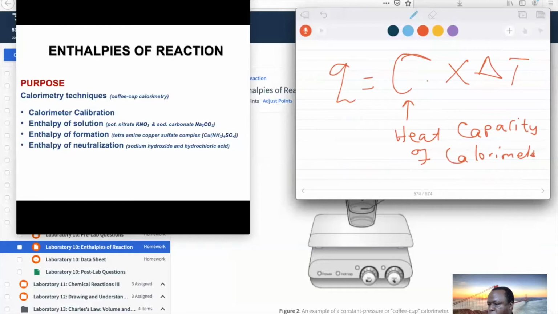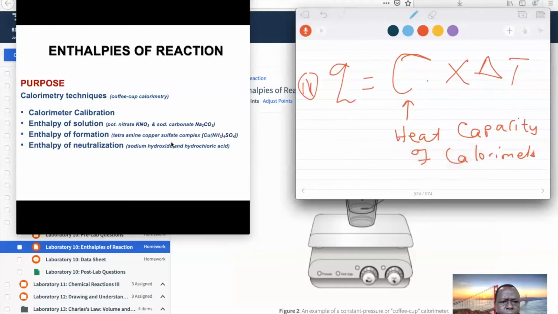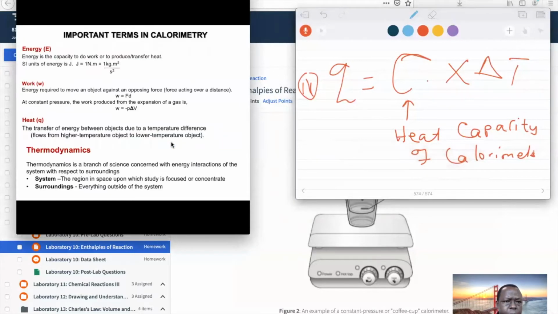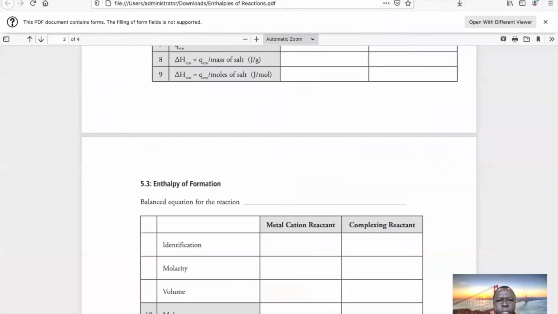Calorimeter. There are two equations we can use to find the heat of reaction. If you know the heat capacity of a calorimeter, you can just multiply by the change in temperature. Now, the data you will use, let's see the data sheet.